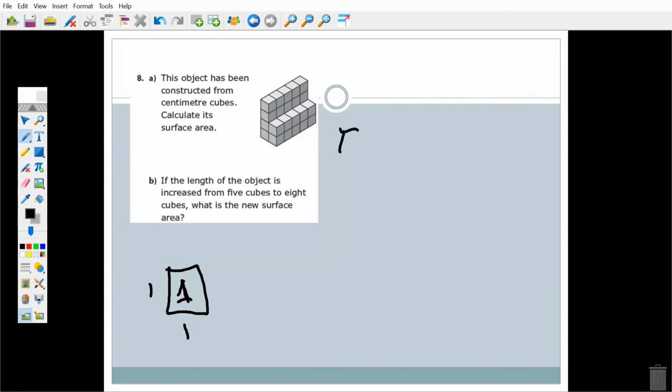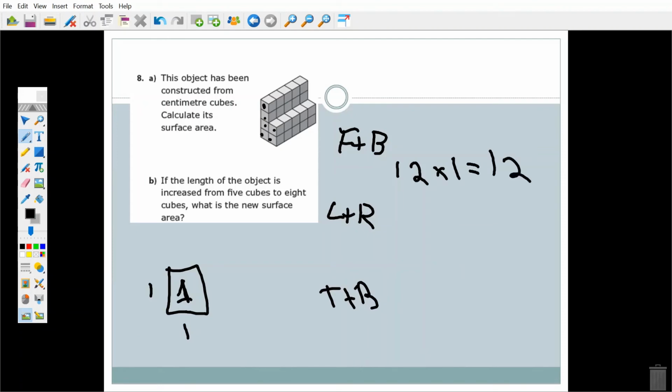Now all I have to do is count the faces. So if I'm counting the front, I've got 1, 2, 3, 4, 5, 6. And then I've got 6 on the back, so I have 12 times the area of 1. Each face is 1, so there's 12 centimeters squared from the front. For the left and right, I've got 1, 2, 3, up to 20.